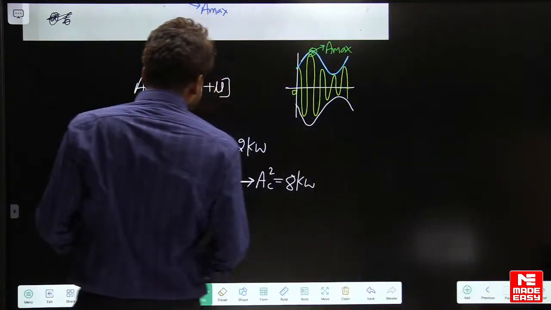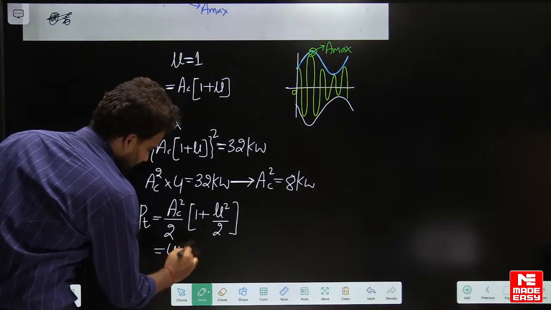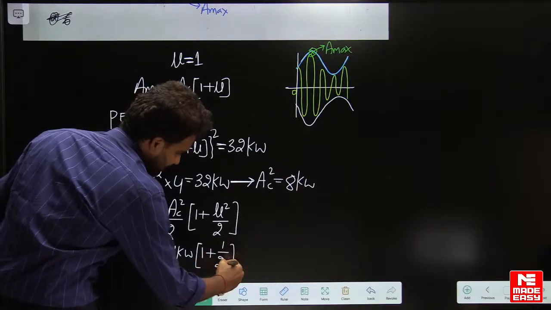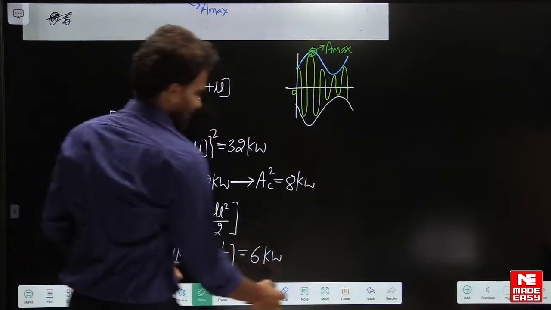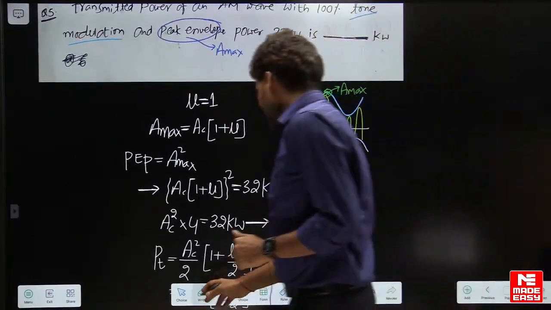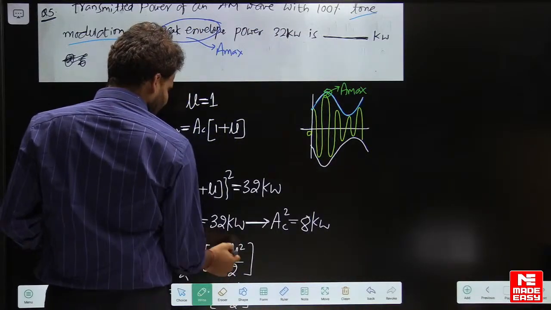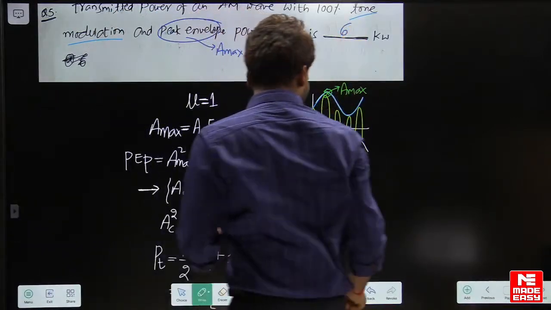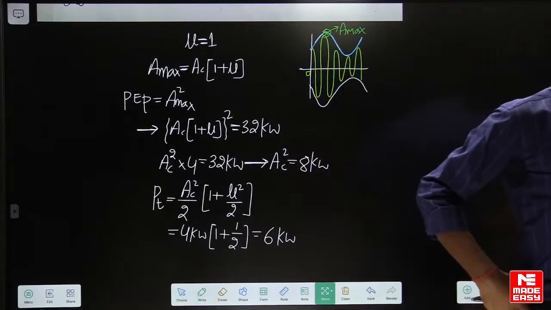So AC squared by 2 will be 4 kilowatt into 1 plus mu, where mu is given as 1, so it comes to be 6 kilowatt. Here the AM power is expected in kilowatts only, so 6 kilowatts will be the answer.